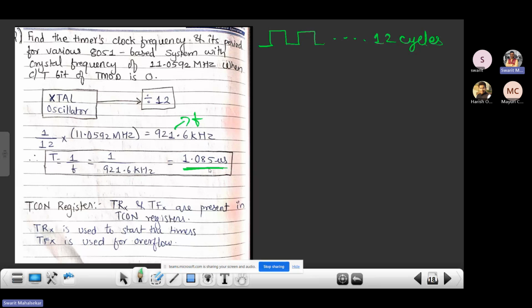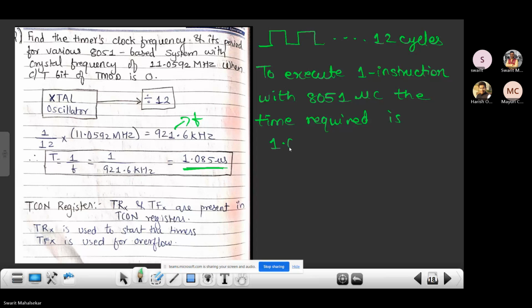Okay, so remember one thing, to execute one instruction with the 8051 microcontroller, the time required is around 1.085 microsecond. I just kept this particular image just to show that from here we got this particular value.